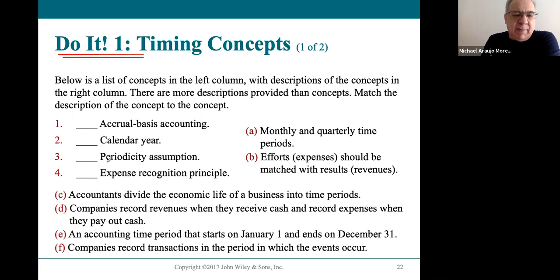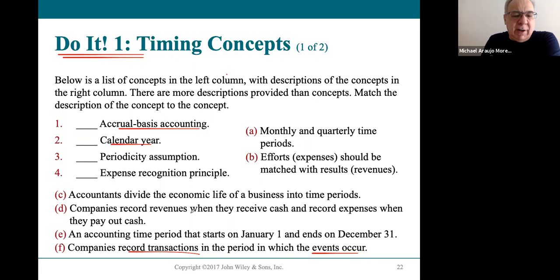Here you have the concept on the left side. On the right side, you have the definitions or descriptions. The accrual basis of accounting is what you're learning. We record things as they happen, not when we get the cash or not when we pay the cash. So accrual basis accounting is about that.